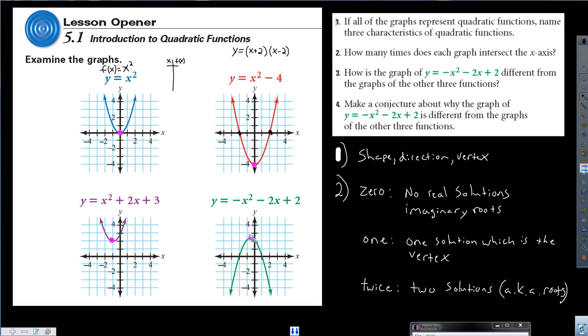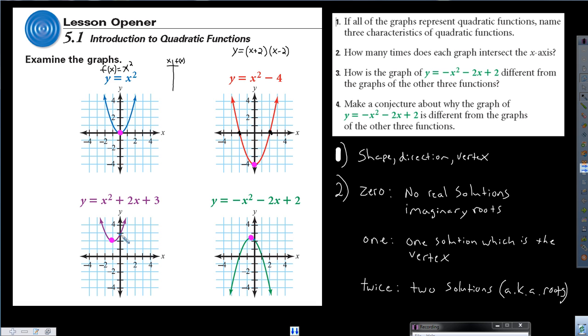In addition to that, you have the direction, which way it opens. So over here you see shape, direction, and vertex. You can also look at the y-intercept as well. The y-intercept is where it crosses the y-axis. Understand here, it does cross the y-axis at the vertex. That's just a coincidence.